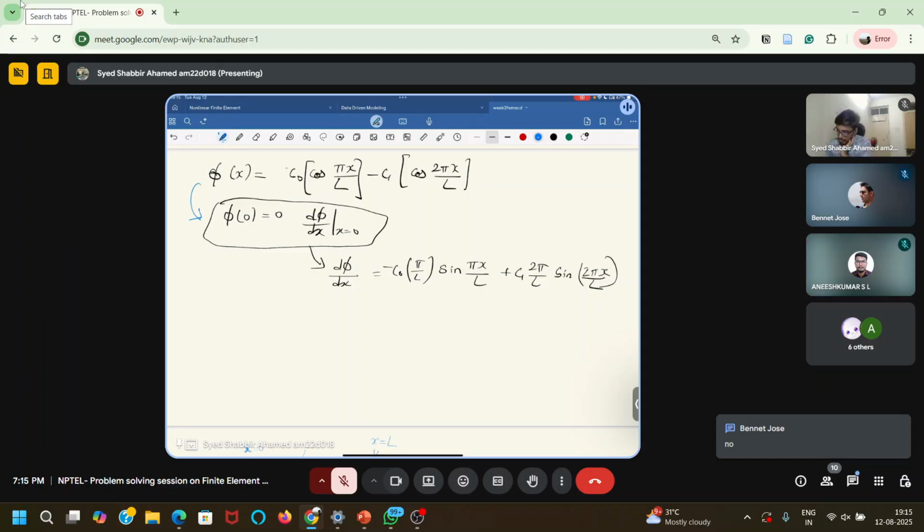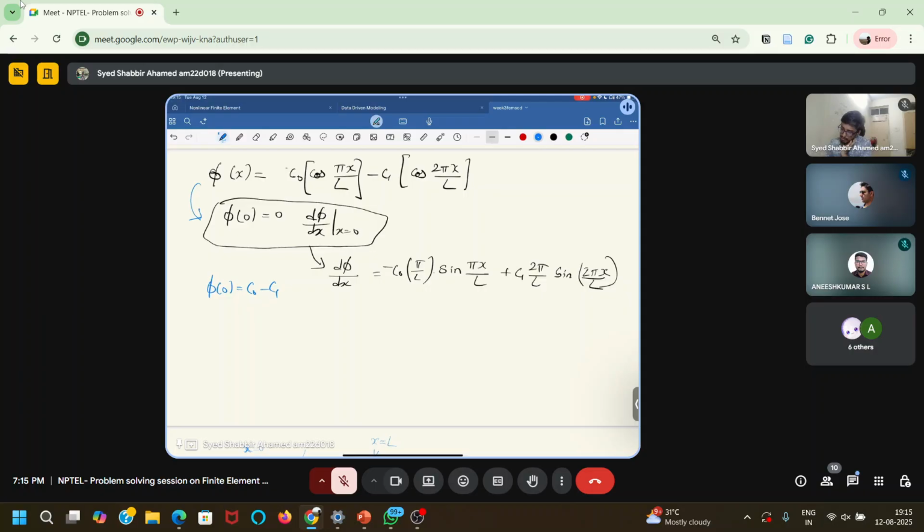No, because if you substitute x equals 0 in phi of x, you will get cos 0 equals 1. Here also cos 0 equals 1. You will get phi of 0 equals c naught minus c1.